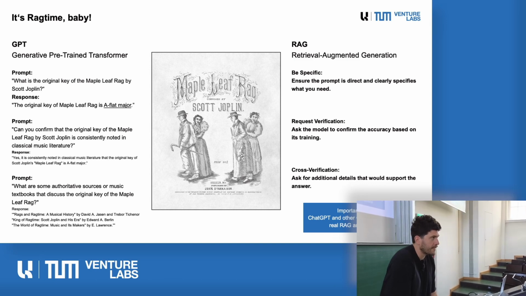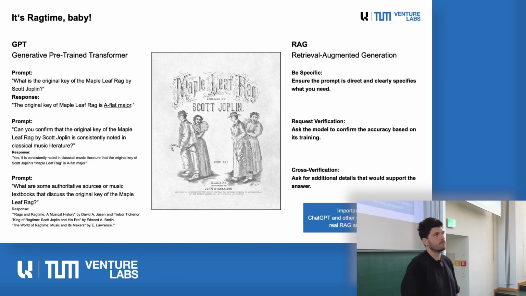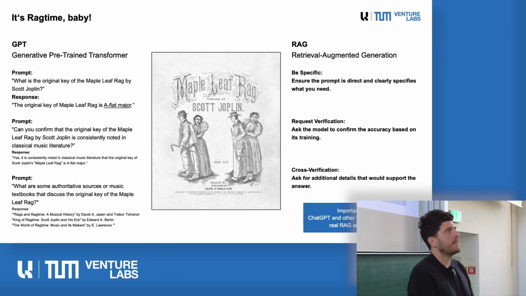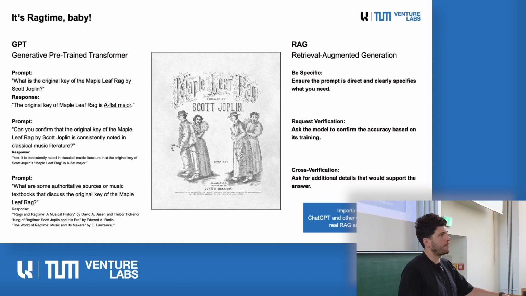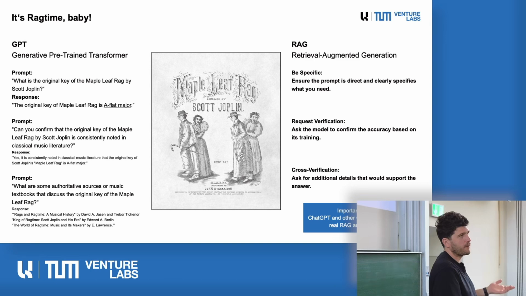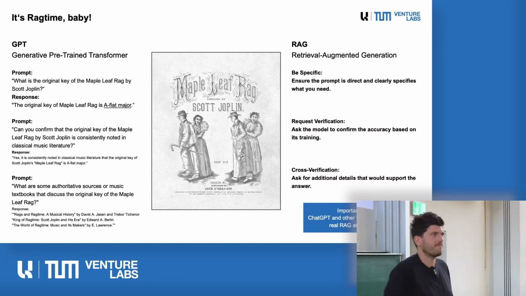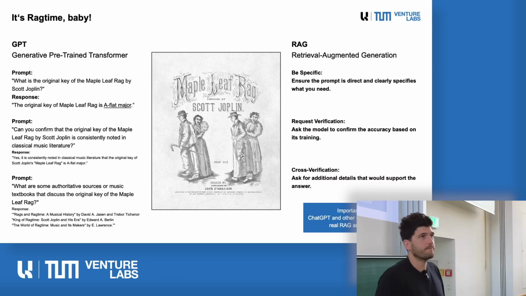I tried to make it work, but for me it did not really work. So I also had to cross-verify by saying, okay, where in the text that I uploaded is this written? And sometimes it works, sometimes it doesn't. I also don't know why, because I think this is a very common use case. But I don't know.